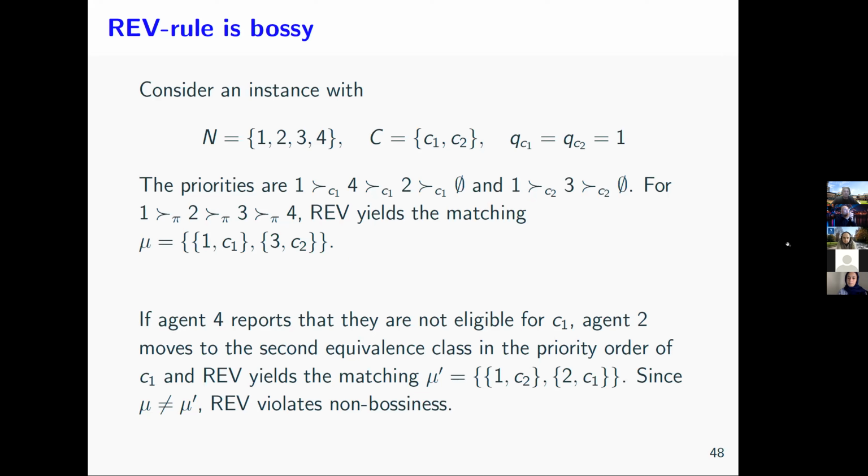He showed that non-bossiness and stability in general are incompatible, and a similar kind of phenomenon also holds in our context, which is a bit different because one side is indifferent among all units of the same categories. The same example can also be shown to prove that this particular rule, if it's just used as a choice set to select which agents are selected, then substitutability is not satisfied. At least when the priorities are heterogeneous; substitutability is satisfied if you have homogeneous priorities.